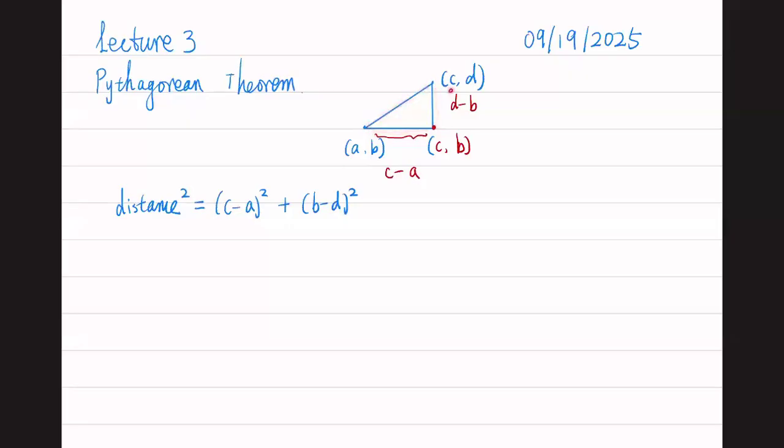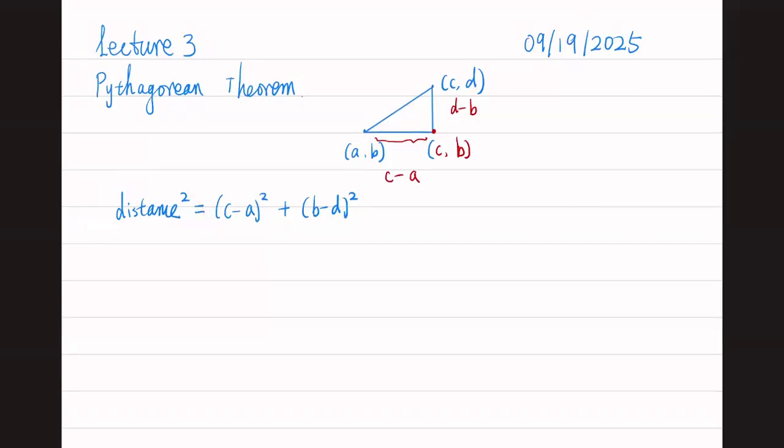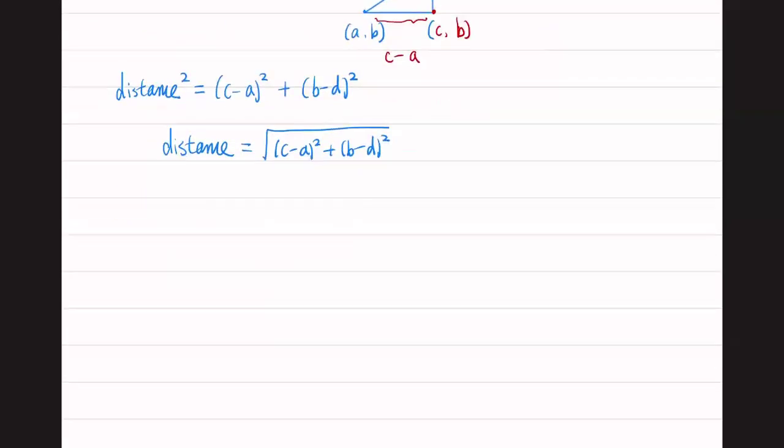Of the x coordinate, difference of the y coordinate, we take a square, we get distance square. We take the square root, in this way we can find the distance between any 2 points.